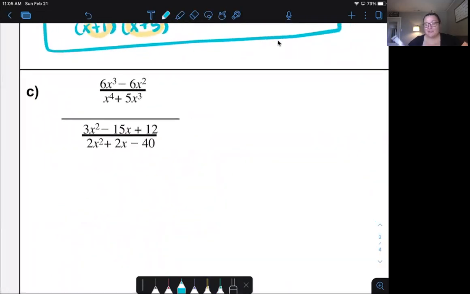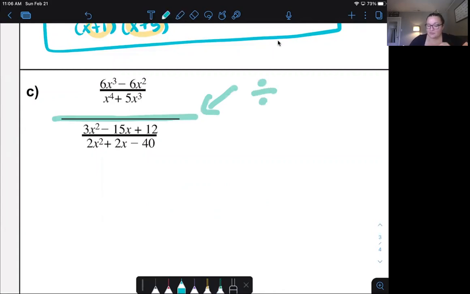6x cubed minus 6x squared over x to the 4th plus 5x cubed, divided by 3x squared minus 15x plus 12 over 2x squared plus 2x minus 40. This is a fraction in a fraction, right? So this looks scarier than it is, because what does a fraction bar really mean? Doesn't that thing really mean divide?